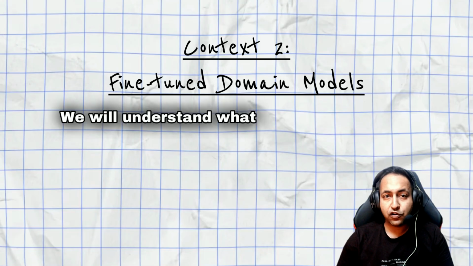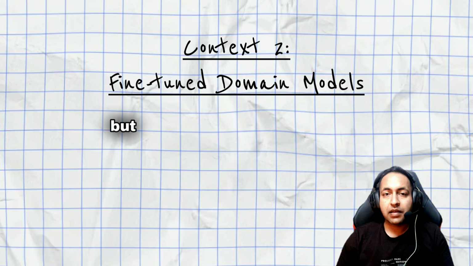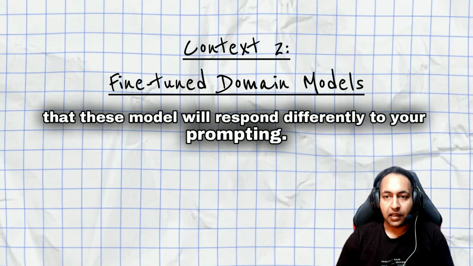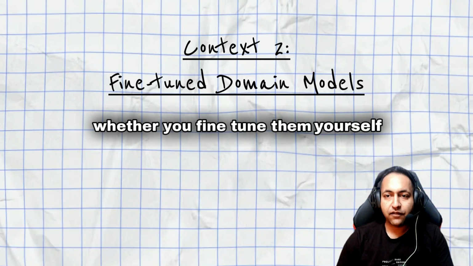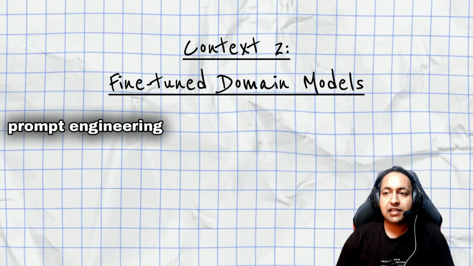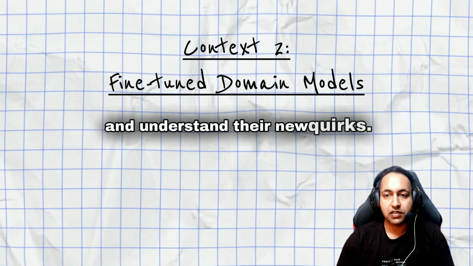We will understand what zero shot and few shot prompting techniques mean later, but it's important to understand that these models will respond differently to your prompting. When you work with fine tuned models, whether you fine tune them yourself or you use a vendor domain specific model, prompt engineering is how you unlock their full capability and understand their new quirks.